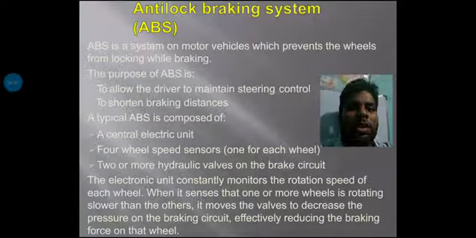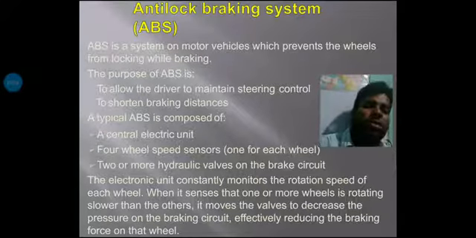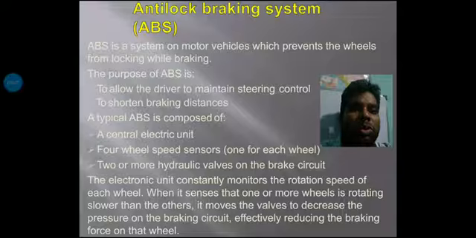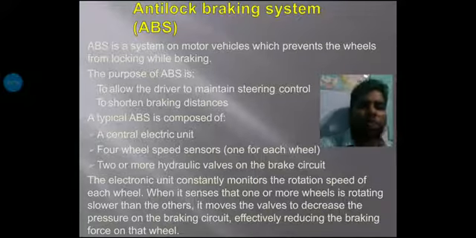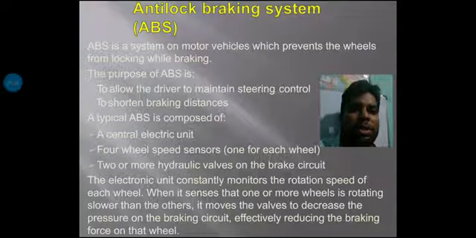Number two, four wheel speed sensors, one connected to each wheel. That is also an important point to discuss in the ABS system. And next, two or more hydraulic valves on the brake circuit, used for the ABS system of the brake circuit.